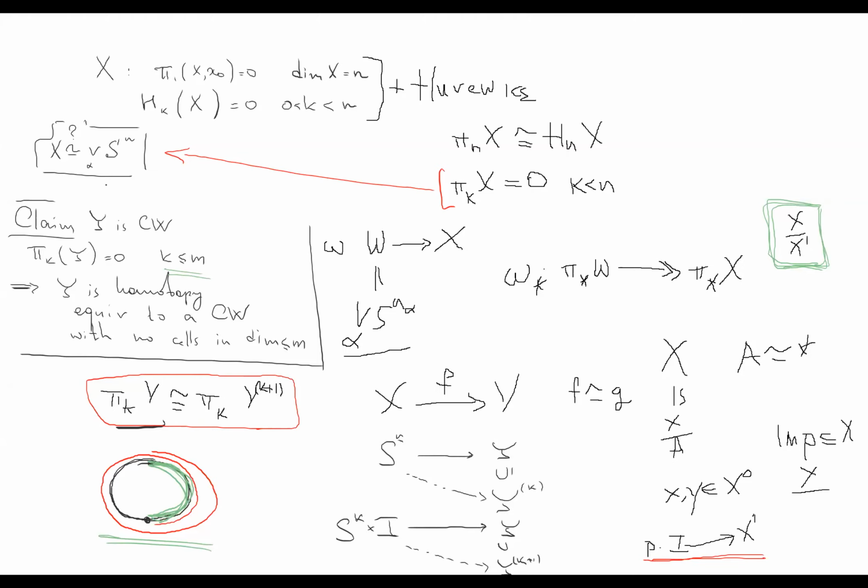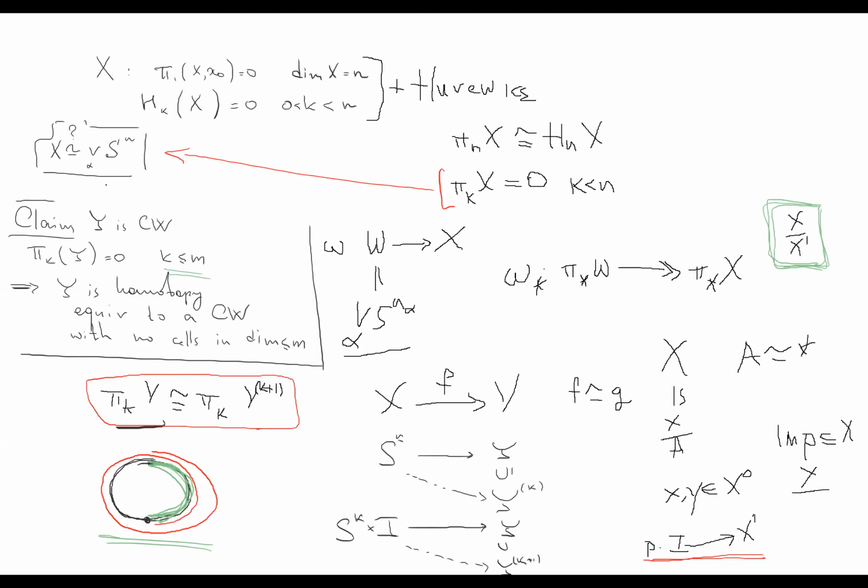I want to prove that it is homotopy equivalent to one with no 1-cells and exactly one 0-cell.